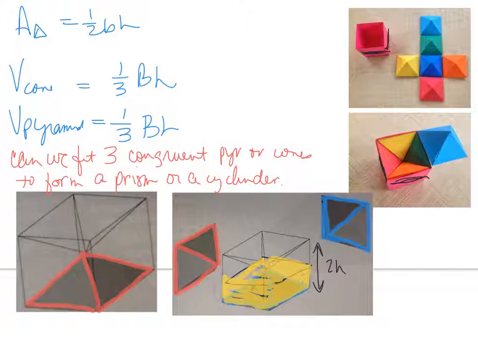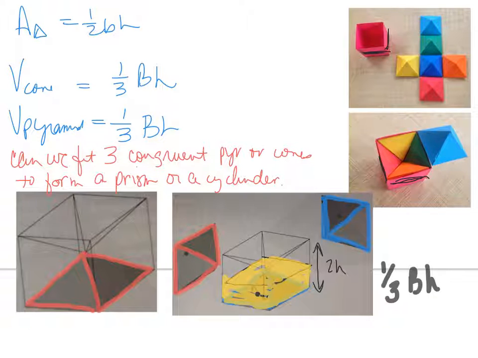No, 3 pyramids are a prism the same height as the pyramid. 6 pyramids are a prism 2 times the height of the pyramid. So that's why we do 1/3. Oh, for goodness sakes. 1/3 big B times H, because I've got 3 pyramids that fit into the prism.